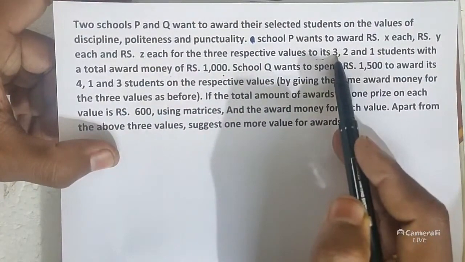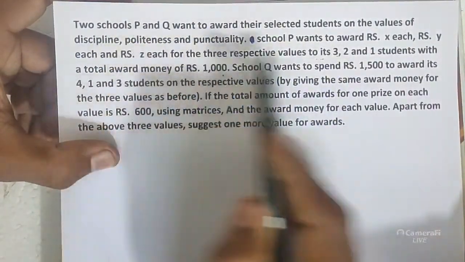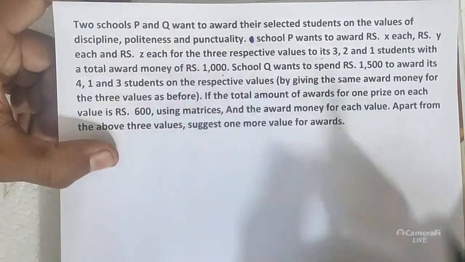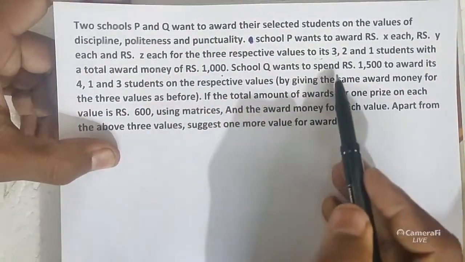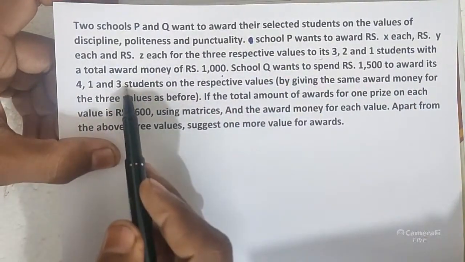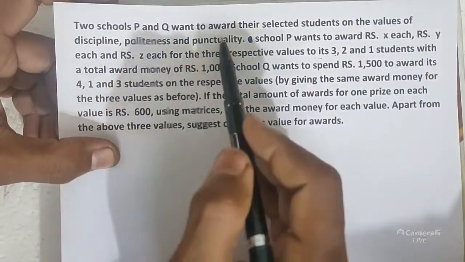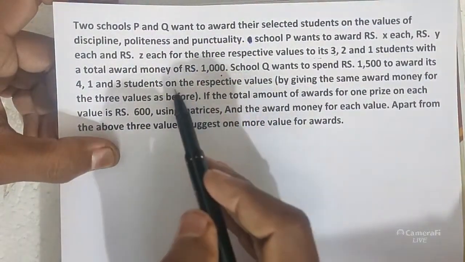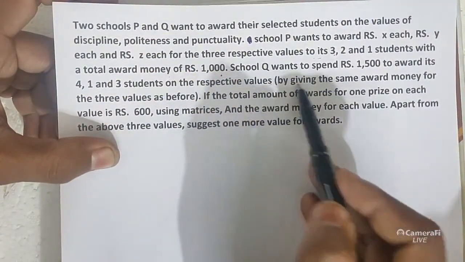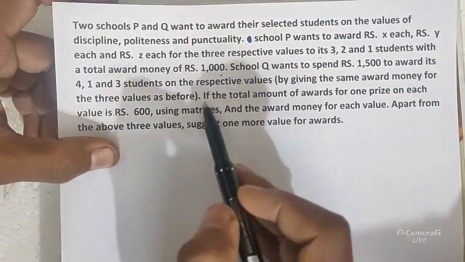That means 3 students for discipline, 2 students for politeness and 1 student for punctuality. School Q wants to spend rupees 1500 to award its 4, 1 and 3 students, 4 students for discipline, 1 student for politeness and 3 students for punctuality on the respective values by giving the same award money for the 3 values as before.